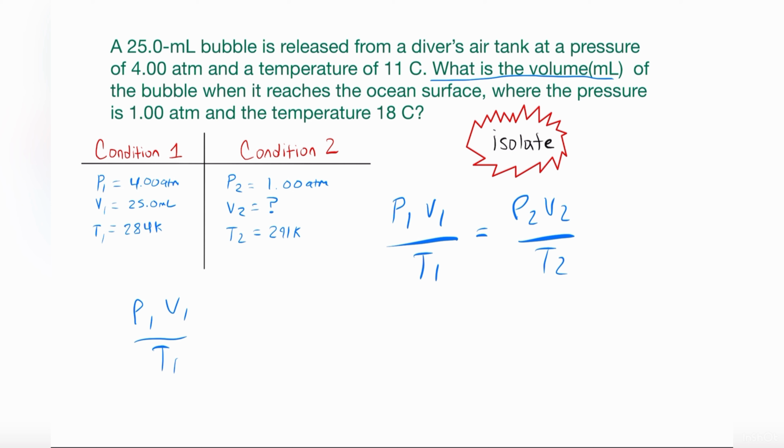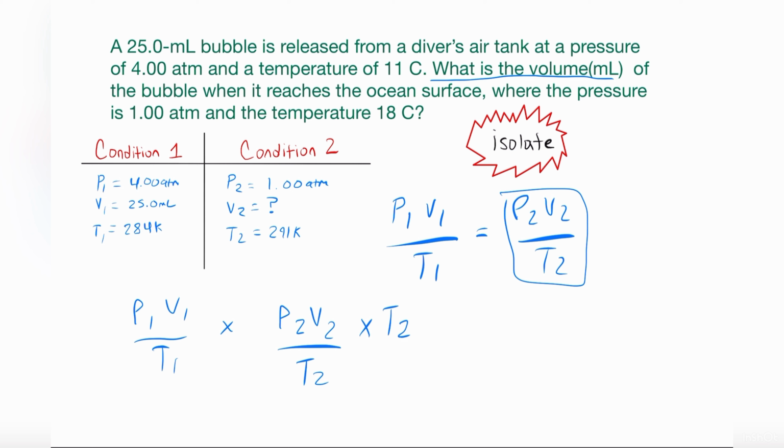We'll get rid of this side here. So let's go ahead and write P2 V2 over T2. And how we'll do this is we'll multiply both sides by T2.